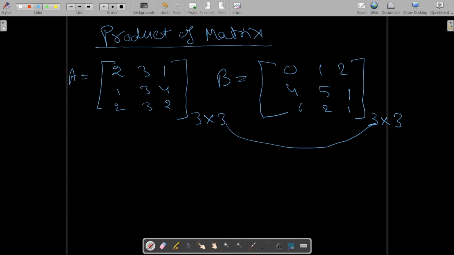And the resulting matrix would be 3 cross 3, given by the first matrix's row and the second matrix's column. But the first matrix's column and the second matrix's row should be the same to perform the product. So let's see this example.